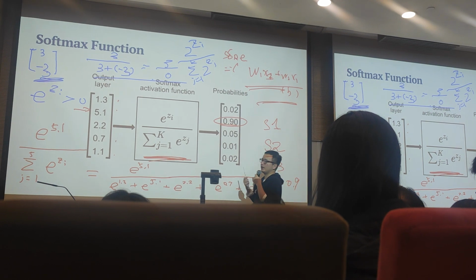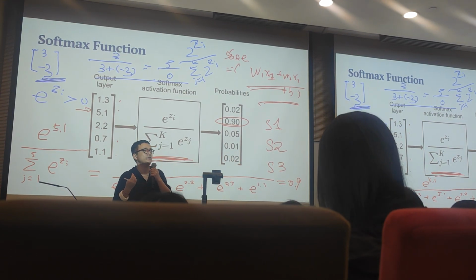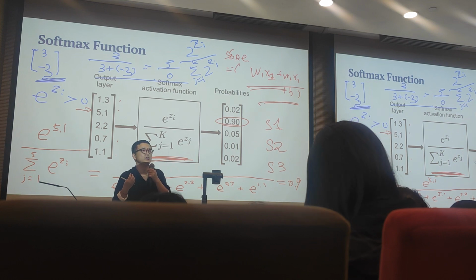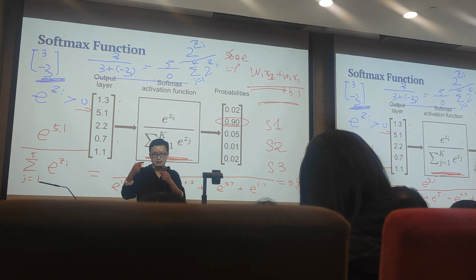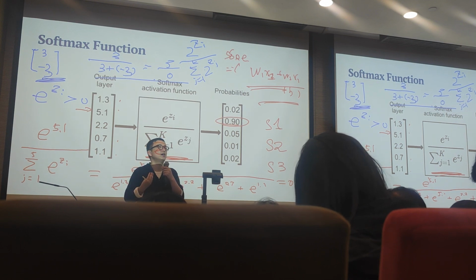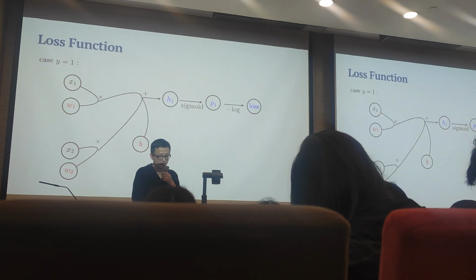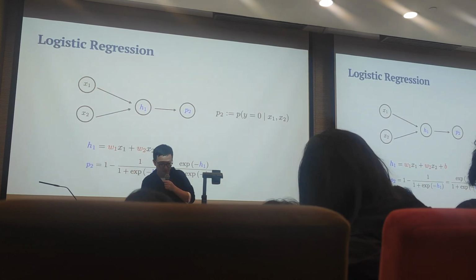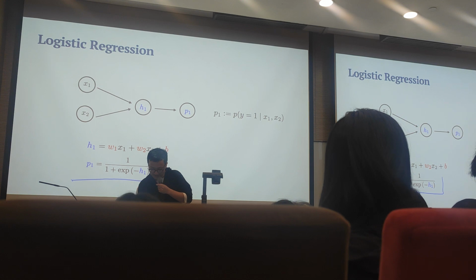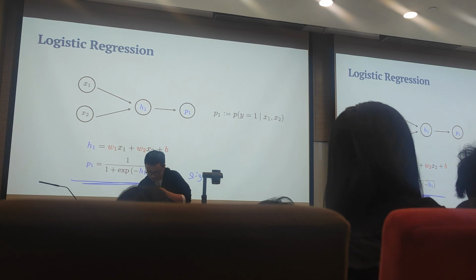So the other question is, what is the difference between the sigmoid function and the softmax function, especially in binary classification? Let's say this is the sigmoid function that we're having here.